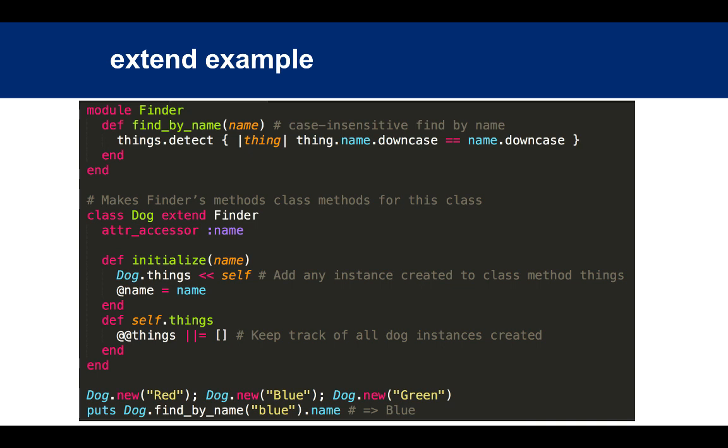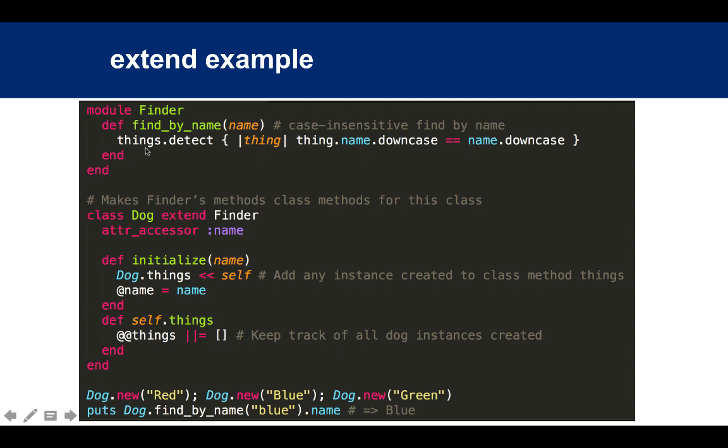Let's say you want to have a module called a finder module that basically you could say find by name, pass the name, and find this thing that you're looking for with a name. So you do downcase, and Ruby calls it downcase instead of lowercase. So you do thing.name downcase, and you compare it to the name that you're looking for.